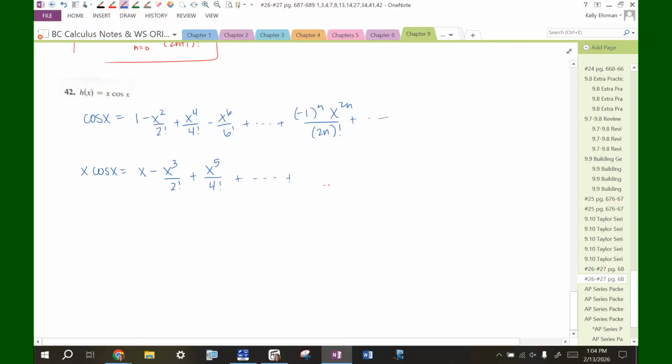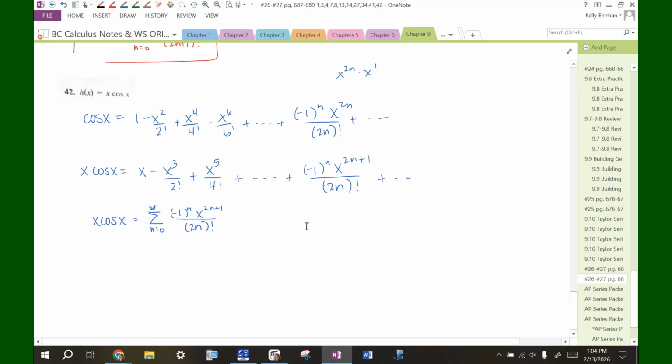You get the idea, right? And then what we're doing here is saying x to the 2n times x to the 1st. So we have negative 1 to the n times x to the 2n plus 1 over that even factorial. So the series for x cosine x is equal to the sum from 0 to infinity of negative 1 to the n, x to the 2n plus 1 over 2n factorial.